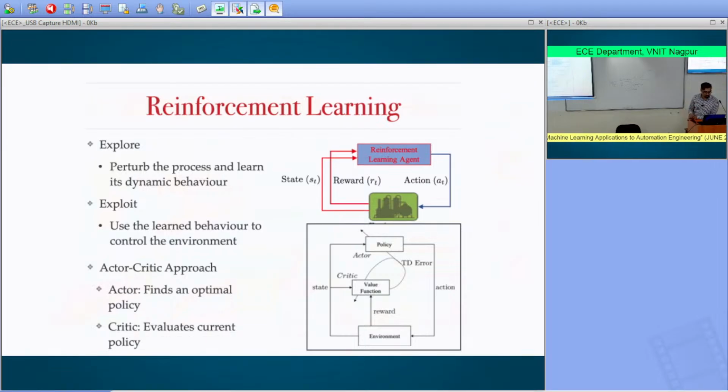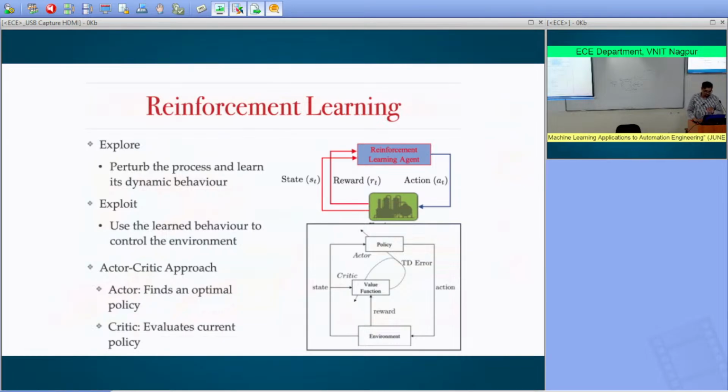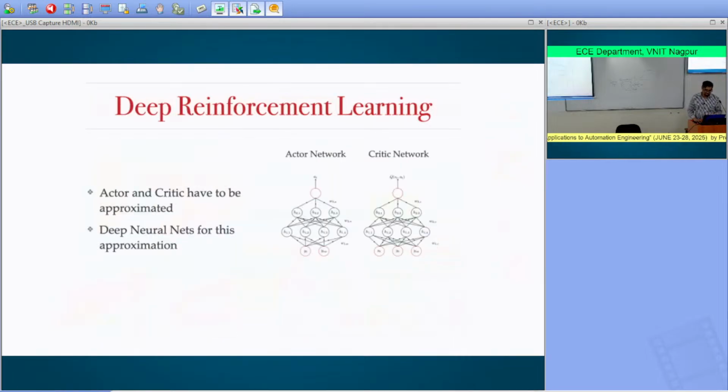There's a very popular approach called actor-critic approach, where an actor finds an optimal policy and the critic evaluates the current policy and decides if the actor needs to be updated. Okay, so this is at a very high level, so don't worry if you don't fully understand what's happening here. We'll get back to it later. That's the standard reinforcement learning, and in deep reinforcement learning, the idea is to approximate the actor and the critic using a deep neural network.